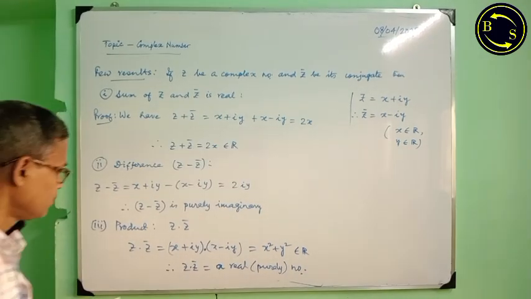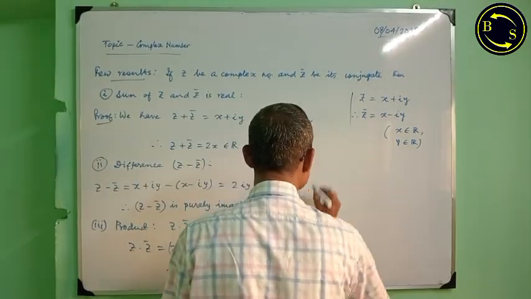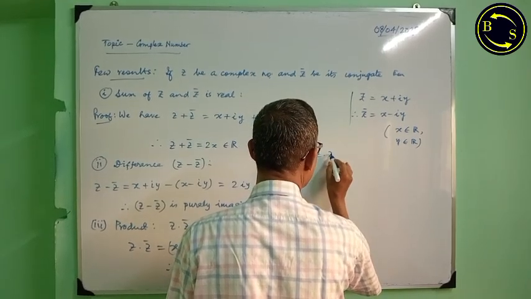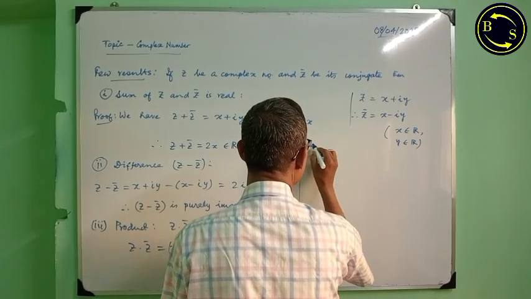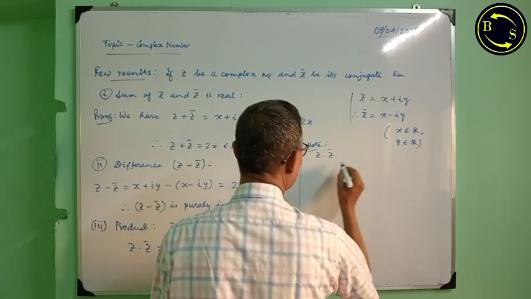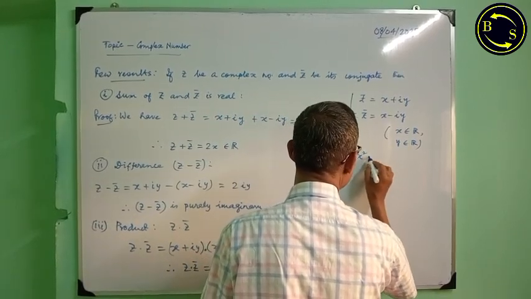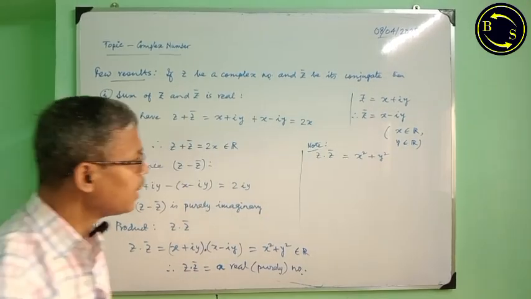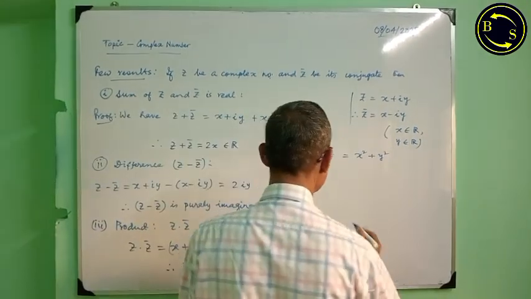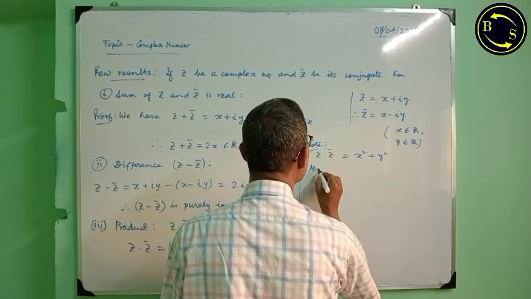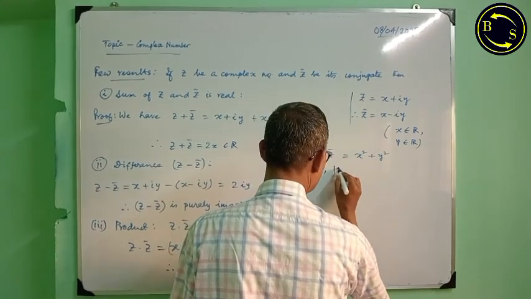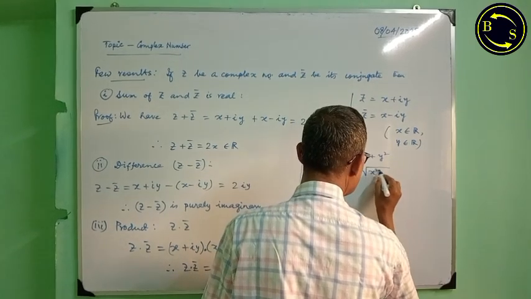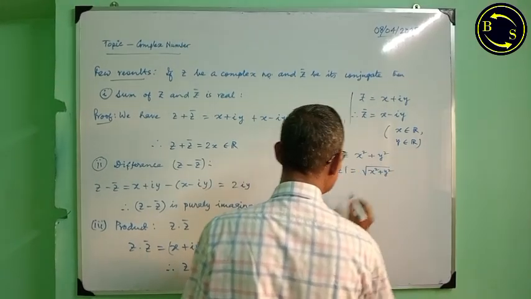Also, we note that z into z bar is equal to x square plus y square, and we have seen modulus of z is root over x square plus y square.